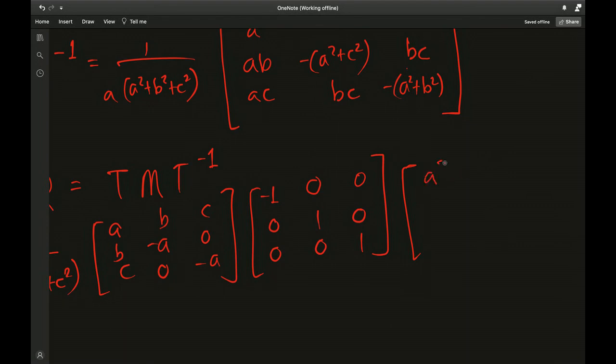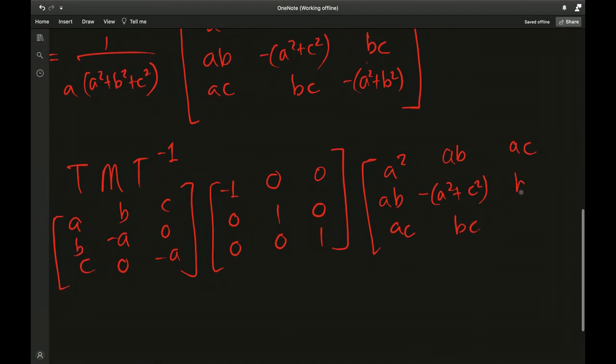We took the determinant out separately, that's why AB, AC, AB, negative a squared plus c squared, BC, AC, BC, negative a squared plus b squared.